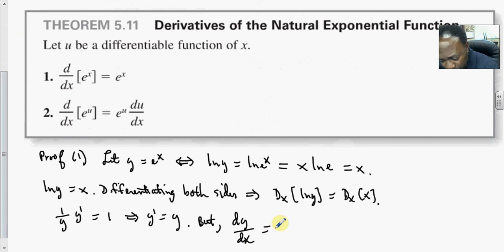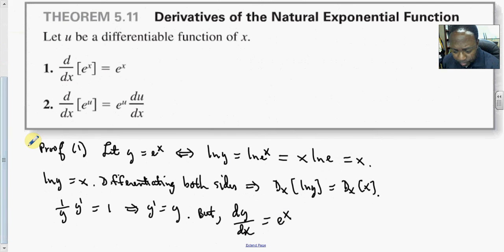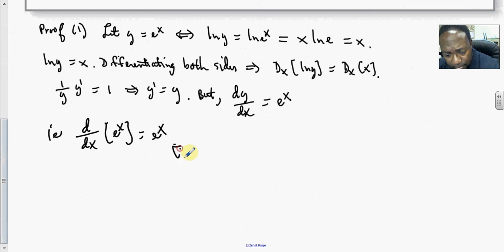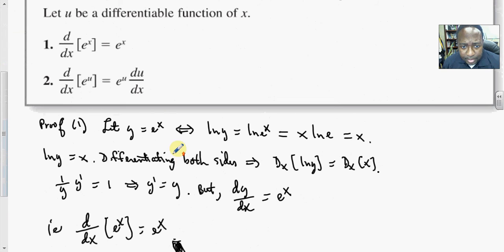And y was what you wanted from the beginning, right? Y is e to the x. So here, dy over dx is the same thing as the derivative with respect to x of y. What is y? E to the x. So it is equal to e to the x. So the proof makes sense that the derivative of e to the x is indeed e to the x.